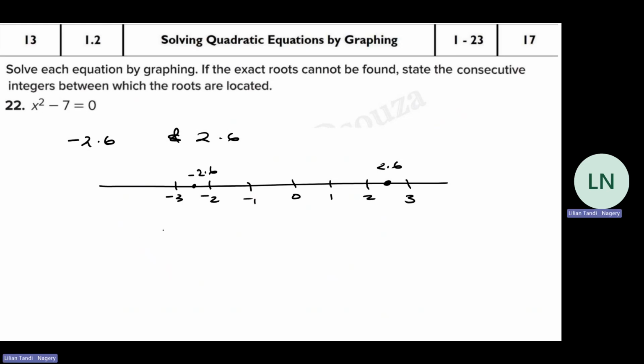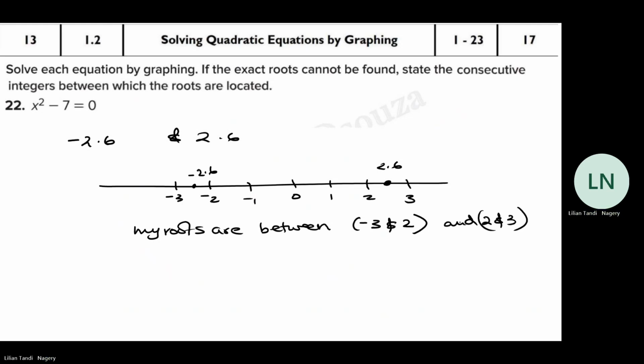So then I said my roots are between negative 3 and negative 2 and between 2 and 3.